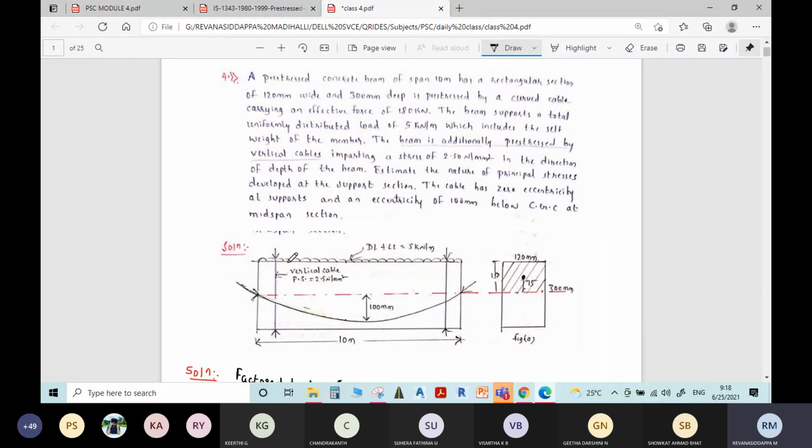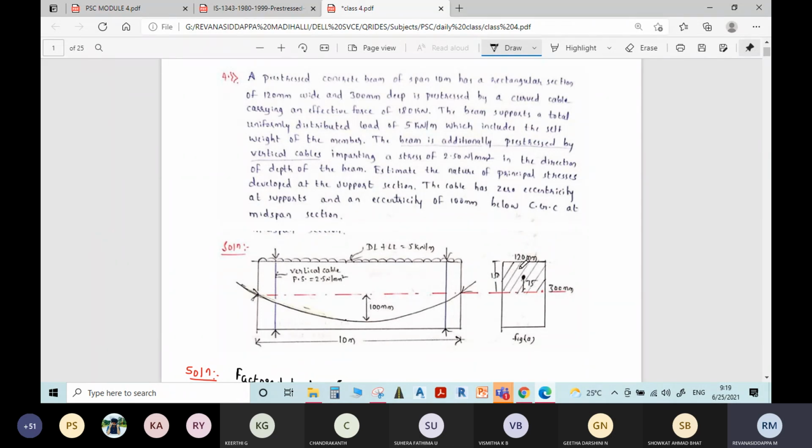There is an additional pre-stressing steel in the vertical direction which is imparting a stress of 2.5 Newton per mm square, and the profile of the cable is also given. The cable has zero eccentricity at supports and 100 mm below the CG at mid span. Very simple thing.